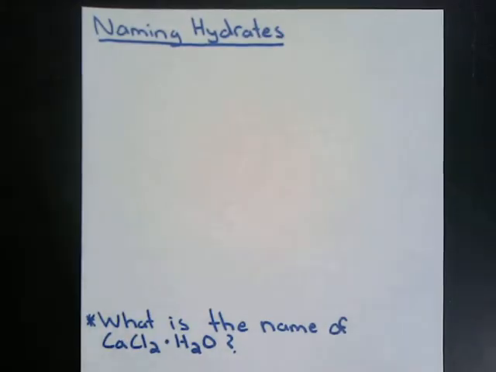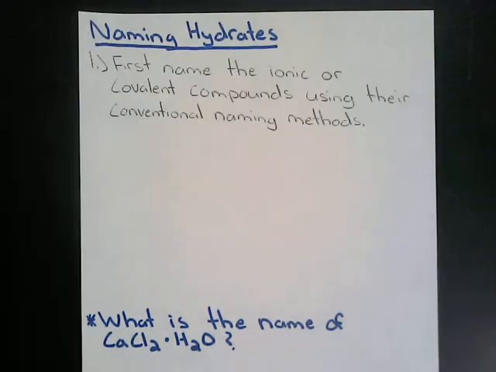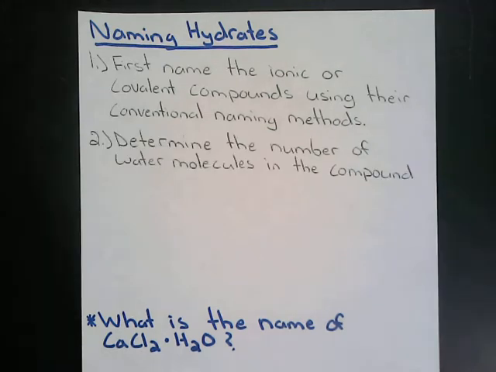The first part is that we just name the ionic or covalent compound using the conventional naming method. The second step is to determine the number of water molecules in the compound. The coefficient in front of the water is the number of water molecules present.